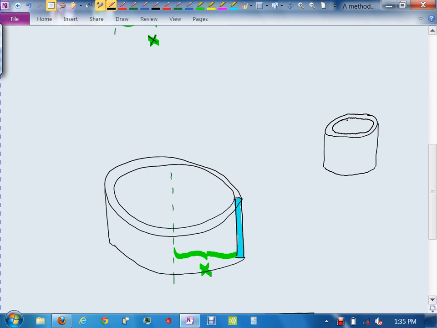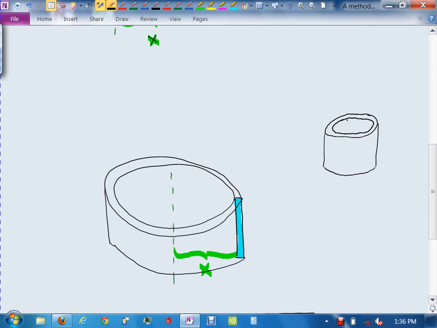Let me help you. You come in here with some scissors and cut the shell, just one edge, and you open it up and lay it out. So we have our shell like this, we cut it, and we open it up like this.